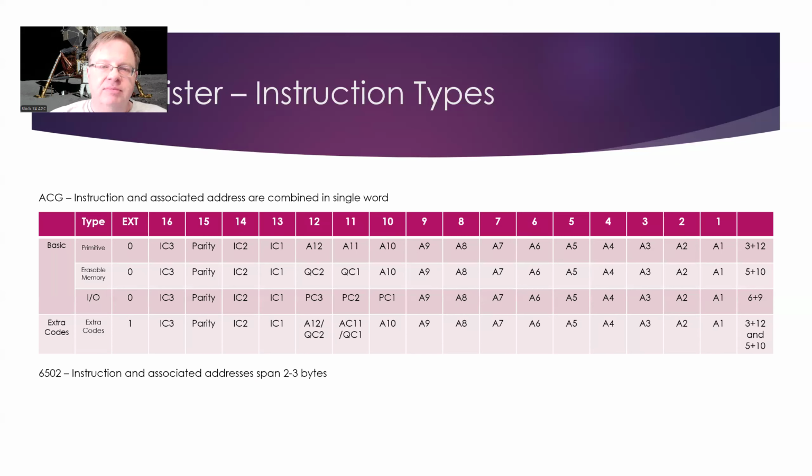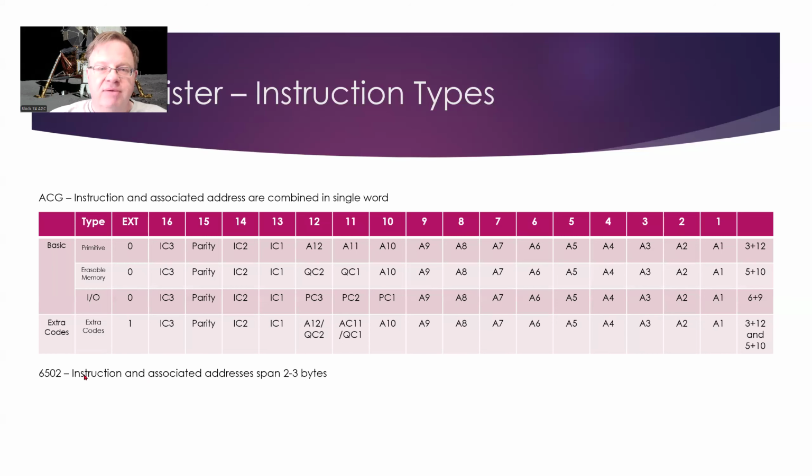Firstly, the 6502 is an 8-bit processor, so obviously you just don't have enough bit space to store both addresses and instructions within a single byte on the computer. So they span either 2 to 3 bytes depending on the instruction.